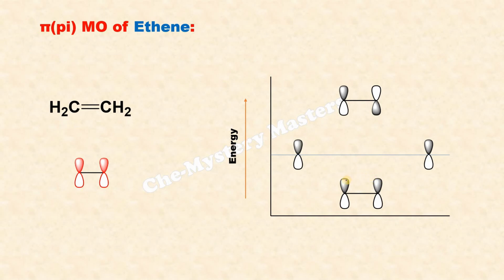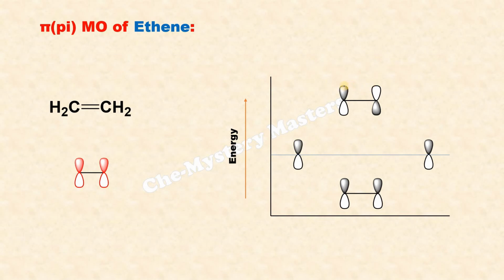So you can say there is an addition of wave functions. Same type of lobes are on the same side. That is known as constructive overlap. If you talk about the anti-bonding molecular orbital, we can see that two opposite types of orbitals are present.